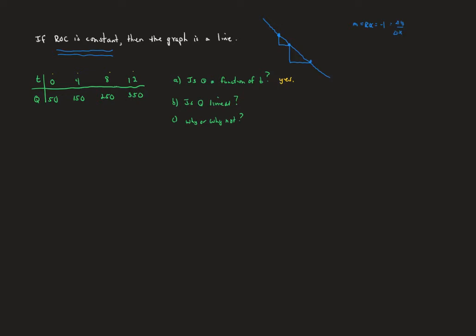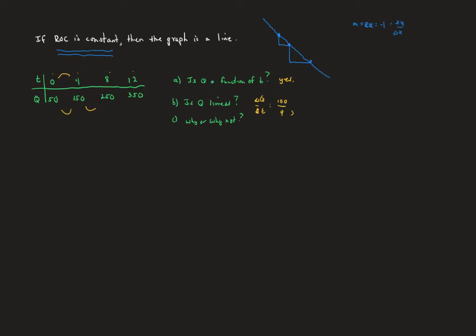So to be linear, what we just claimed is the rate of change has to always be constant. So we need to look at some delta y's over delta x's. So here, the change in q, 150 minus 50, is 100, over the change in t in this case, which is 4. I should call that delta q over delta t rather than delta x, but it's the same idea. So on the first one, it was 100 over 4.